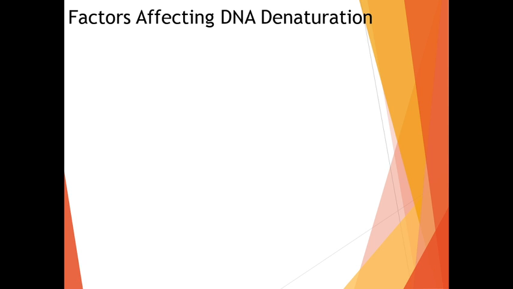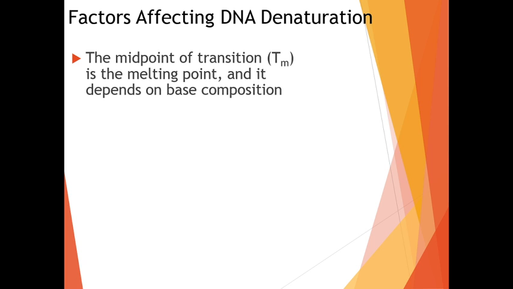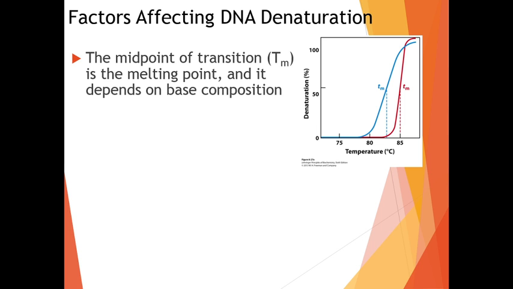In this slide, we will discuss some factors that affect DNA denaturation. The midpoint of transition, or Tm, as shown in this figure, is the melting point, and it depends on base composition. As you can see here, the plot of denaturation versus temperature for two different DNA specimens.